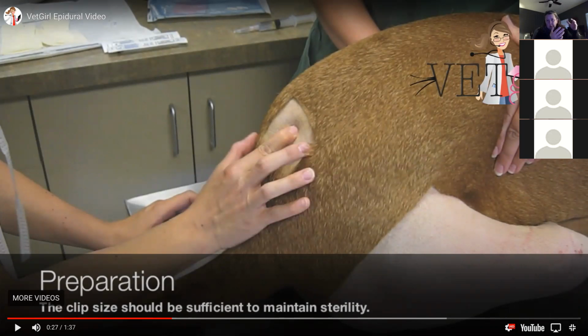It's personal preference. But the legs need to be forward. If they're in lateral, someone needs to be pulling them forward. If they're in sternal, you pull them forward. It basically is to open up that epidural space. She's palpating, and you can see her finger is in a divot. This is all based on anatomic landmarks, okay?